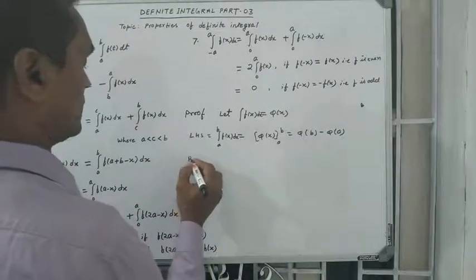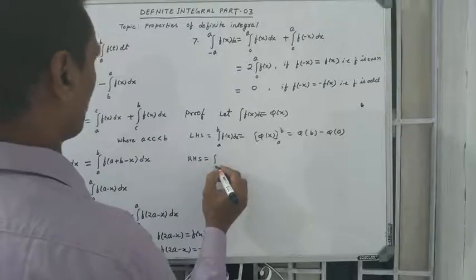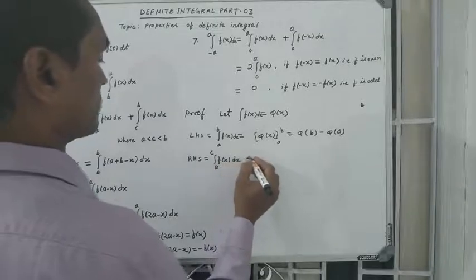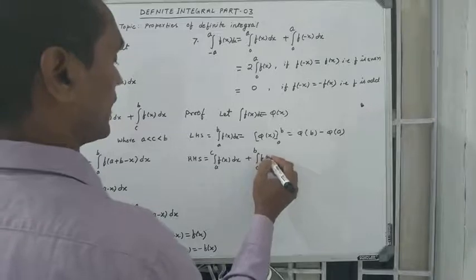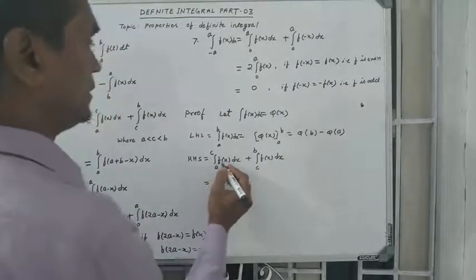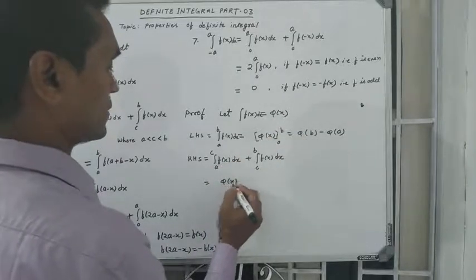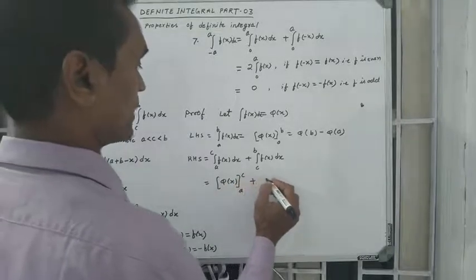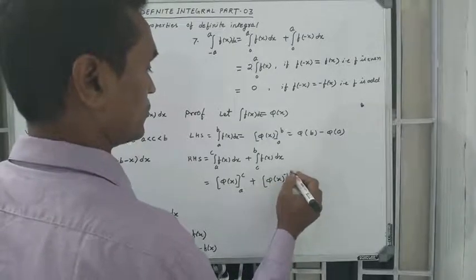Now the right hand side is equal to the integral from a to c of f(x) dx plus the integral from c to b of f(x) dx. Now the indefinite integral of f(x) is phi(x). So phi(x) with limit a to c plus phi(x) with limit c to b.